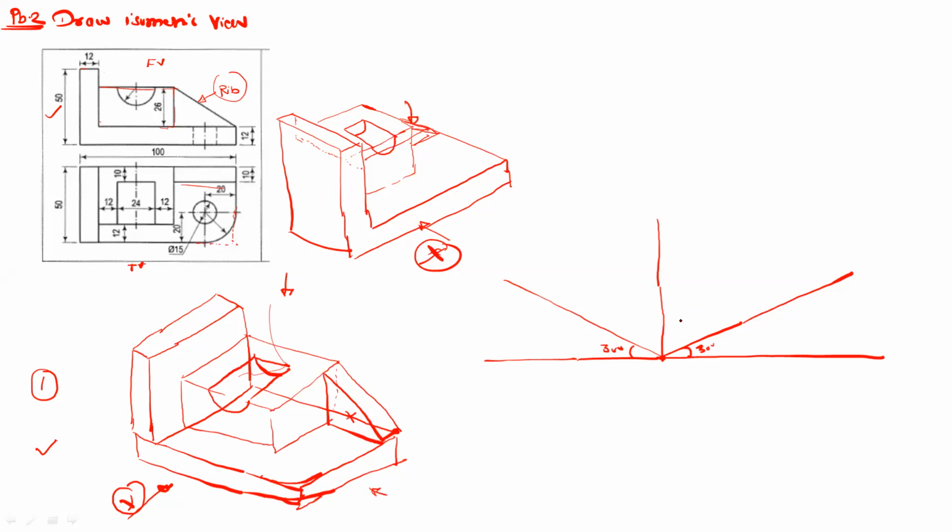So here, as this is the X direction and this is your top view direction, in the X direction, 100 mm is the length and 50 mm is the height. So you should prepare one rectangle.